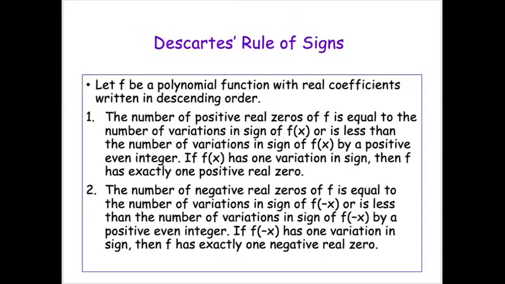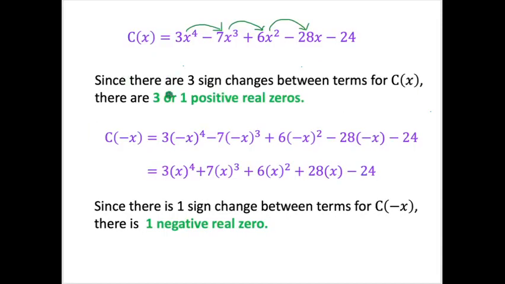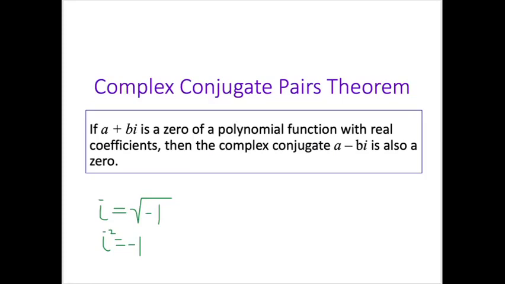So that's what we mean here. It says the number of positive real zeros of f is equal to the number of variations in sign of f of x, or is less than that by a positive even integer. So it's either going to be 3 because we had 3 variations in sign, or it's going to be 3 minus 2, which is 1 positive real zero. And the reason we take out 2 goes back to what we just learned about the complex conjugate pairs theorem.